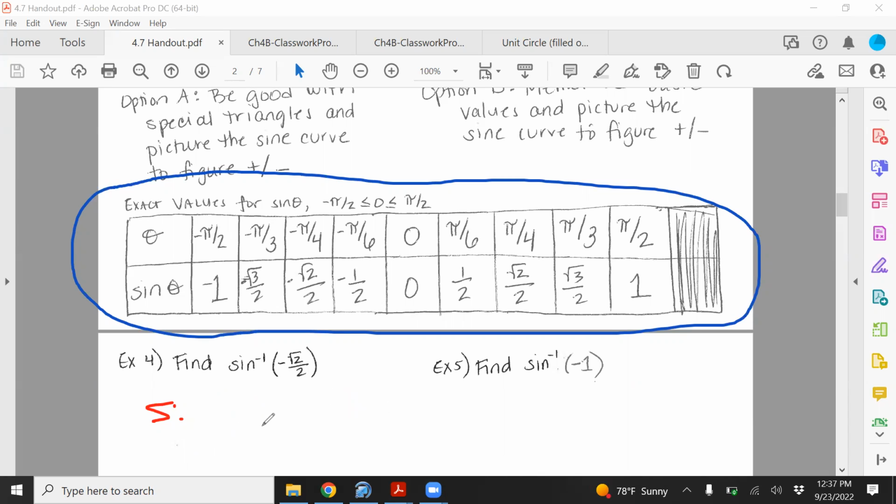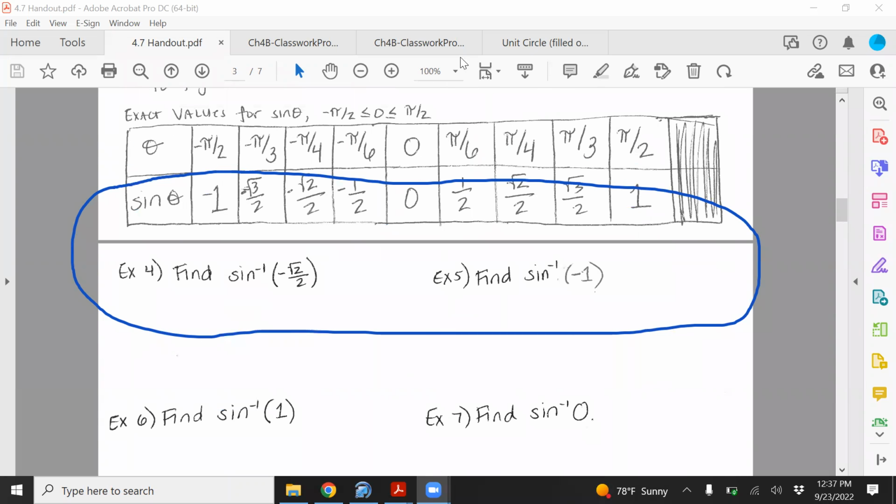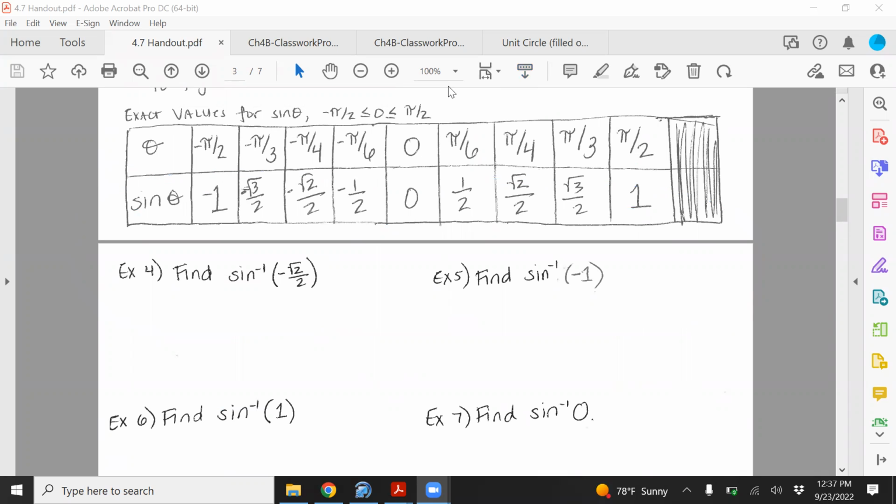Hold on. Let me resize this. Okay, here we go. Let me clear. So let's do these 4 examples, and then we'll do inverse cosine. That should be pretty quick. It's kind of the same methodology.